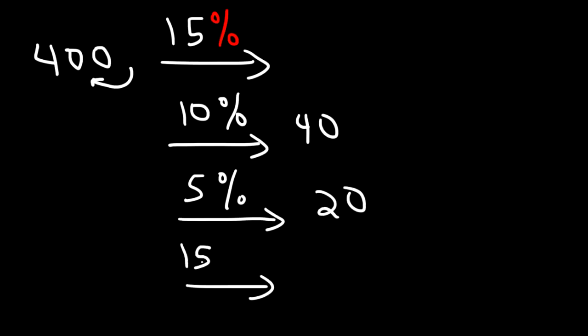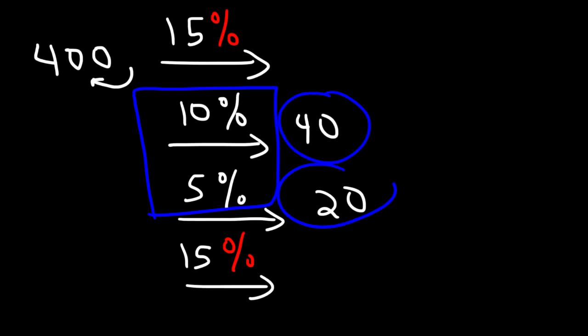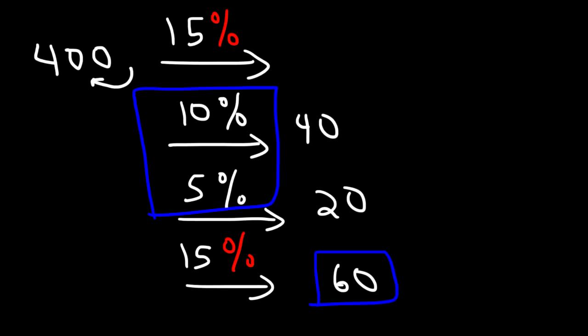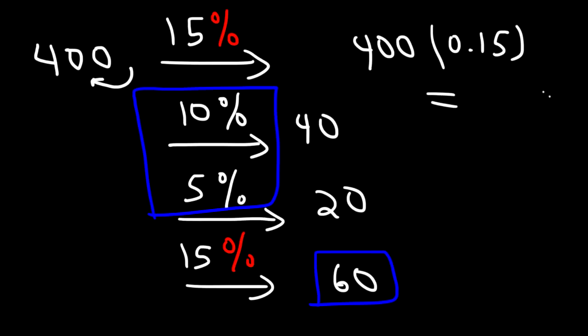Now, 15% is the sum of 5% plus 10%. So therefore, 15% is going to be 40 plus 20, which in this case is 60. So this is 15% of 400. That's 60. And to check it, let's multiply 400 by 0.15. And so you should get 60.